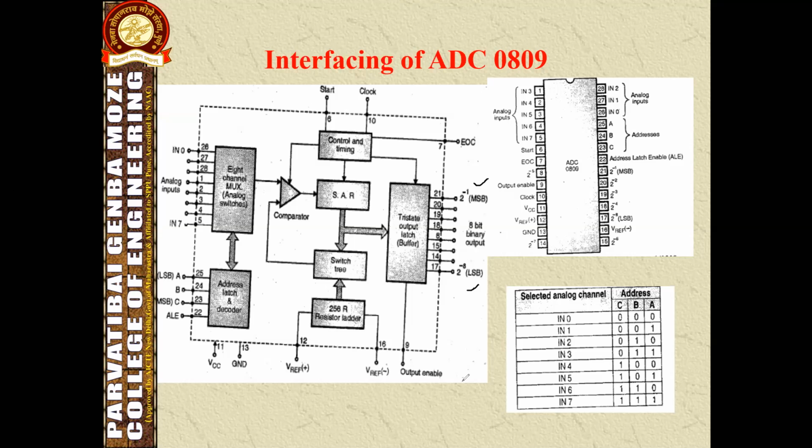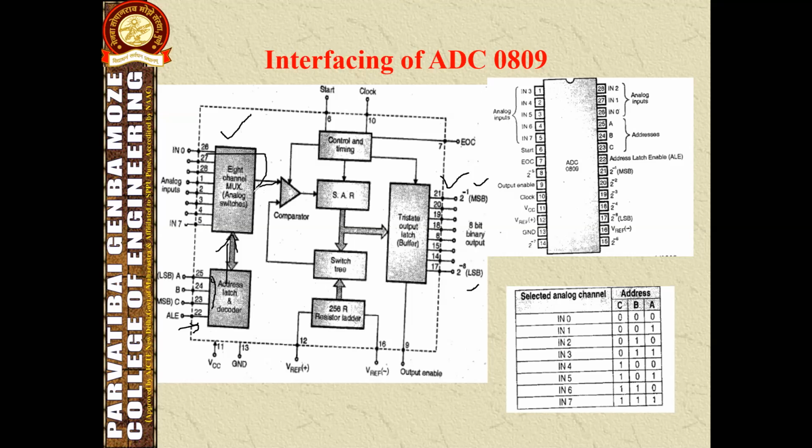This is the information about the block diagram, which has 8 analog input channels and 8 output terminals, and 3 address terminals to perform the multiplexer operation. Depending upon those bits, the particular input channel will be connected, after the ALE pin is activated.